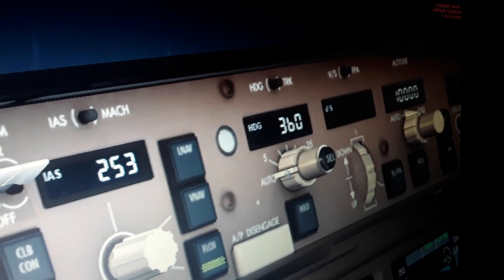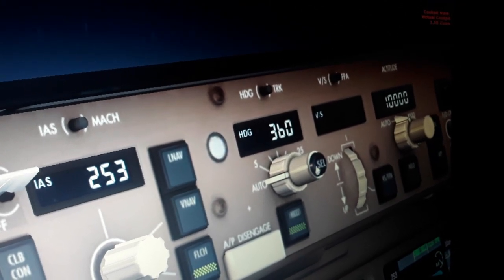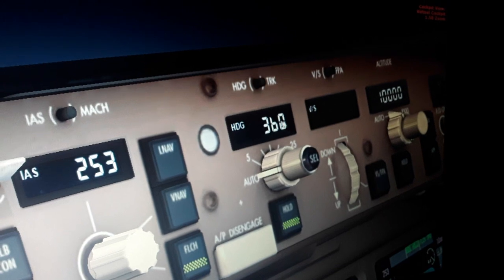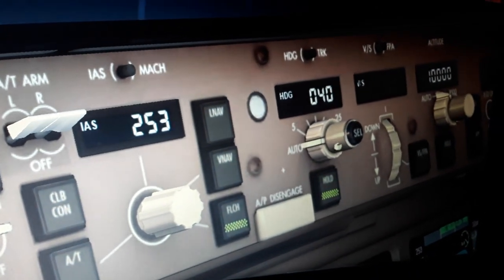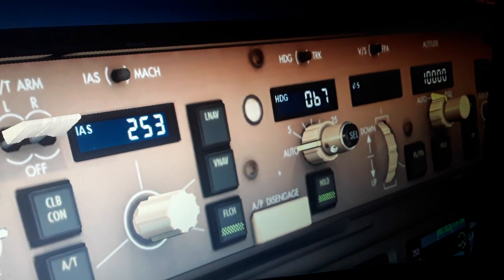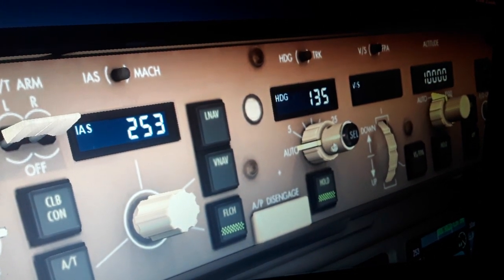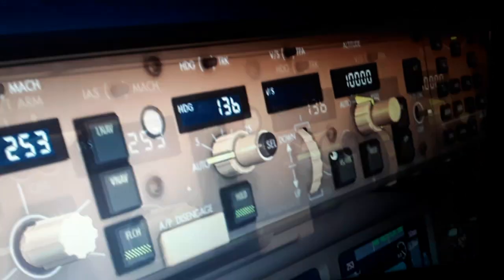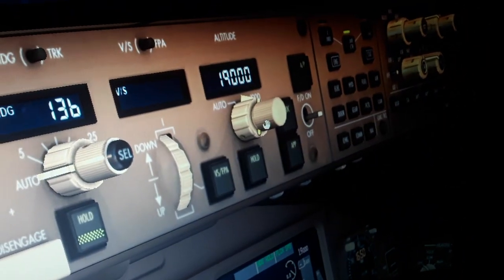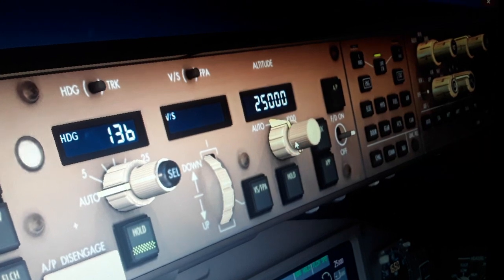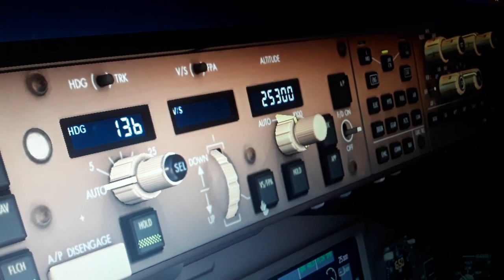This is for the autopilot function. So if we select this, we can deselect it. We will reset the heading here to the runway we're going to use for takeoff, like 136 degrees. I'm going to set this also to the thousands and select the altitude here, 35,300.